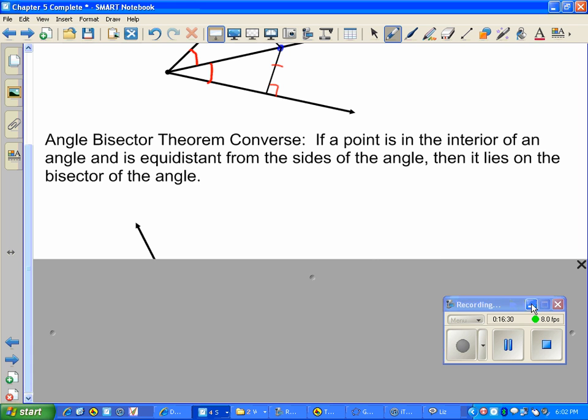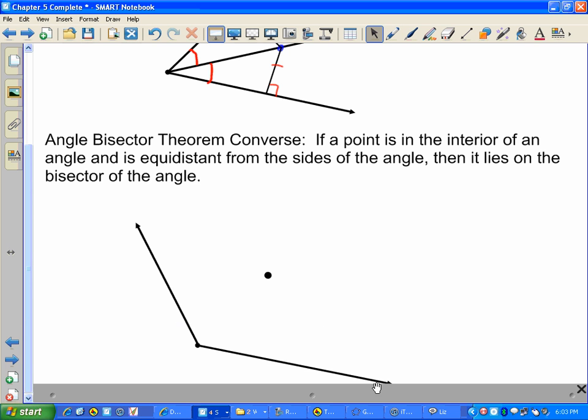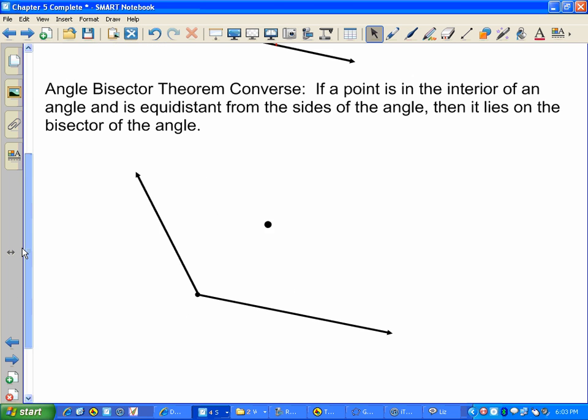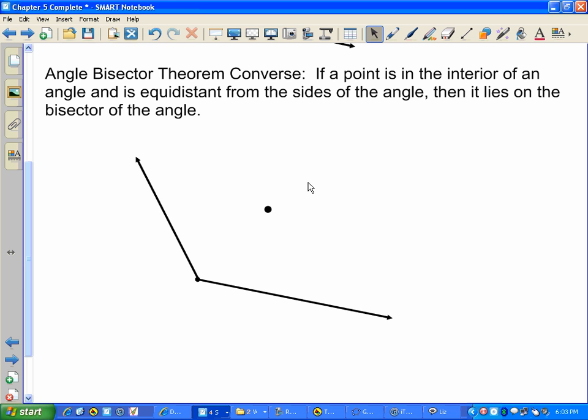I also have a converse of this theorem. If a point is on the interior of an angle, so it's in between the two sides, and it's equidistant from the sides of the angle, then that means it's on the bisector of the angle. So if I knew that the perpendicular segments connecting this point to both sides were congruent, then I would know that this point's on the angle bisector, and I could construct my angle bisector by connecting the vertex through that point.